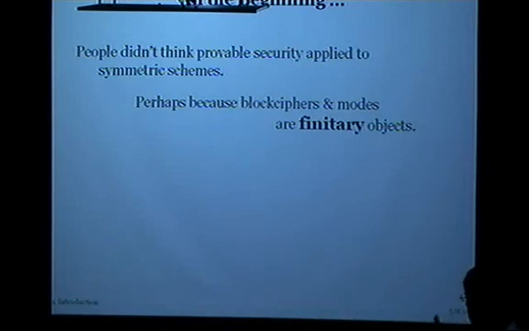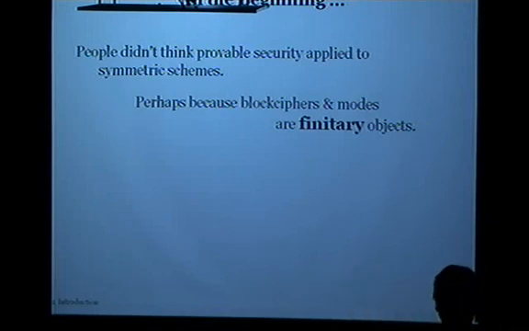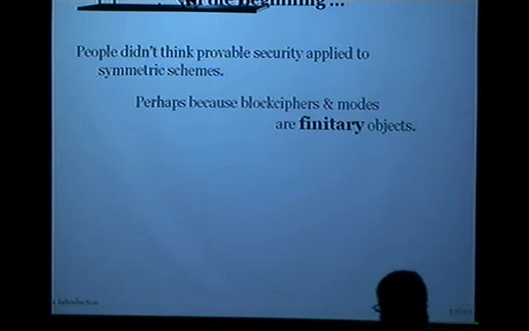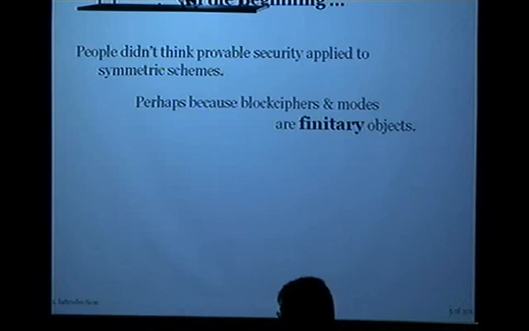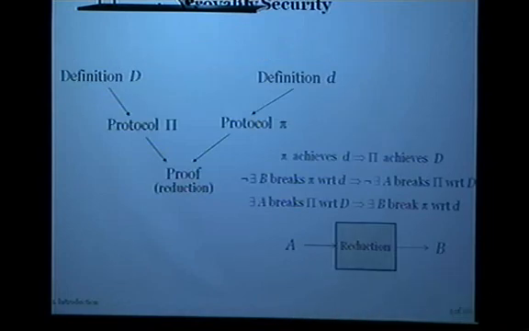This whole way of thinking, though, was really completely wrong. You can deal with finitary objects in the provable security tradition very much as we deal with infinite, that is, security parameterized families of objects. A moment ago, we spoke of exhibiting reductions that turn adversaries of one type into adversaries of another.